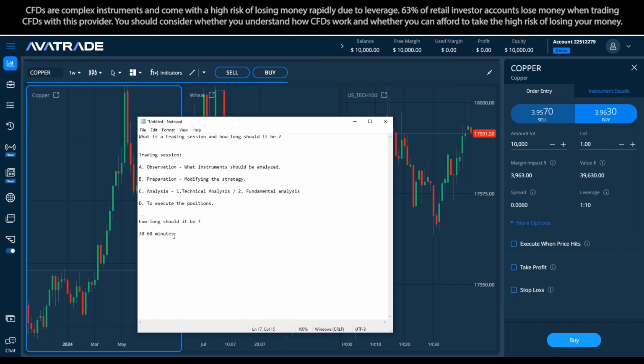It's completely, to my opinion, enough to go through all of that. If I spend 10 minutes here, another 10 minutes to modify, I'm not going to create a strategy because I already have it. Just modifying it, analysis, you can definitely spend time on that.